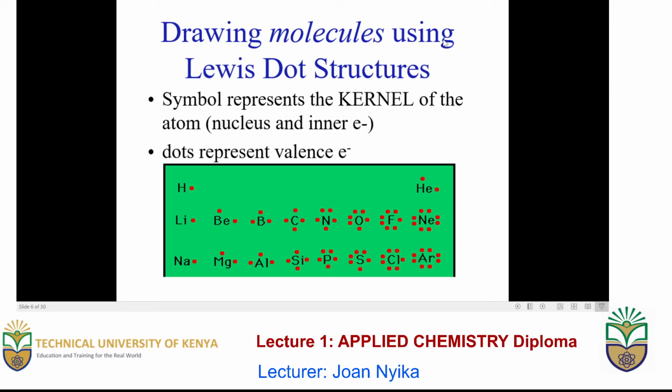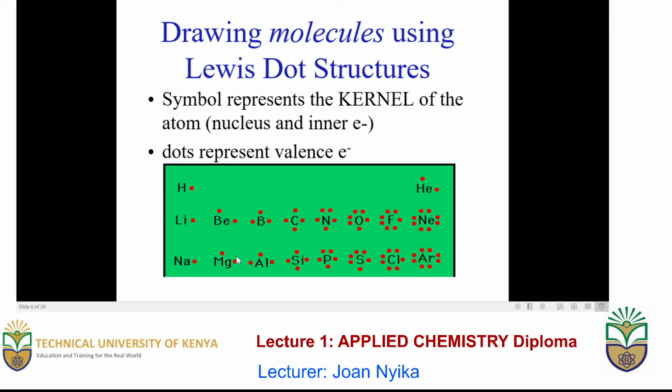Then we need to go and look at the Lewis dot structures for molecules, or the compounds that result from covalent bonding. Just as in the case of ionic compounds, the kernel of these elements represents the various atoms.